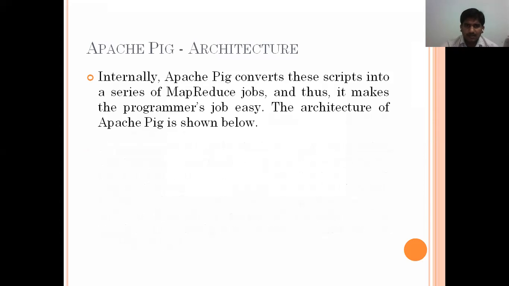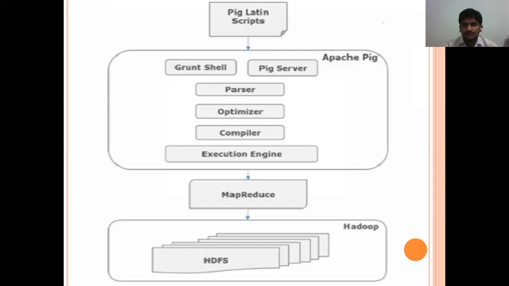Initially Apache Pig converts these scripts into a series of MapReduce jobs, and thus it makes the programmer's job easy. The architecture of Apache Pig is as below. I will show you the Apache Pig architecture. The Pig Latin script is performed on Apache Pig, with statements run by using the Grunt Shell or Pig server. We have various ways of running this. Then how is the script processed?